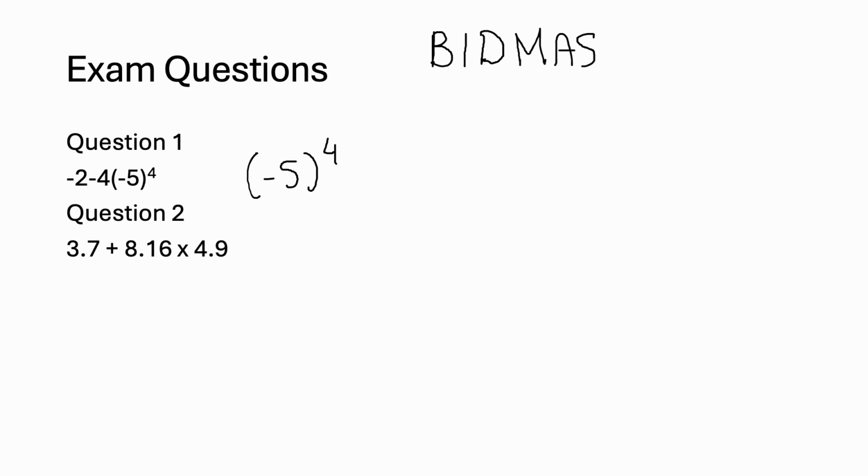-5 to the power of 4 is 625. So we've got -2 - 4 times 625. 625 times by -4, because we'll do multiplication next, is -2,500.